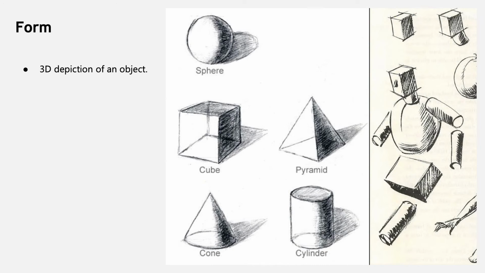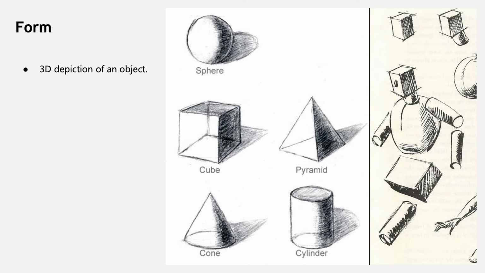The next element is form, and this one is often confused with shape. So the difference between shape and form, let's think back to the definition that I gave, was that shape is a flat 2D depiction of an object, whereas form is a 3D depiction of an object.